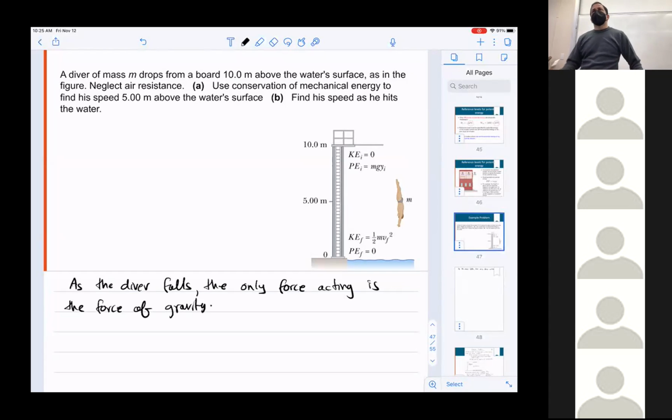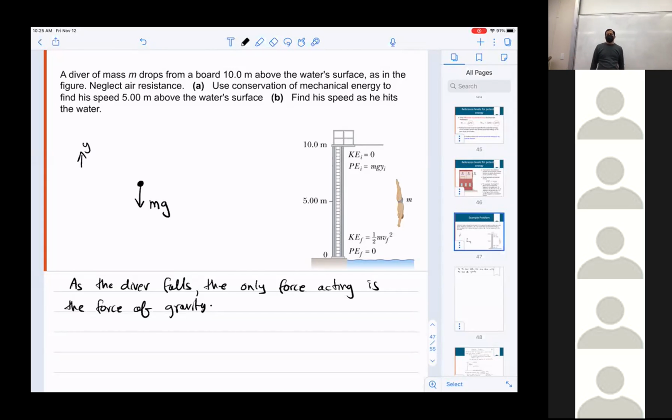Again, we're ignoring air resistance and all that. If you draw a free body diagram for this diver, here it is, there's a diver. The only force acting on him will be downwards, mg, and let's say this is your positive y direction.